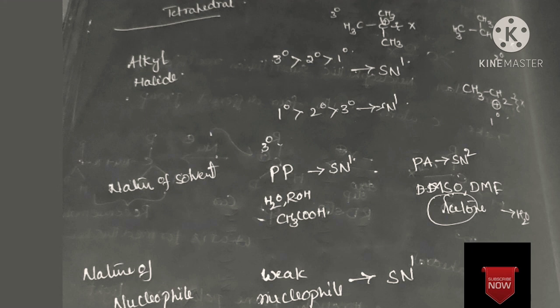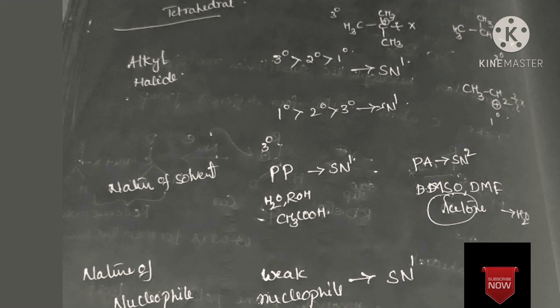Another factor is the alkyl halide. In SN1, the order is tertiary greater than secondary greater than primary, because the carbocation forms most easily on the tertiary carbon atom, then the secondary carbocation, and then the primary carbocation.